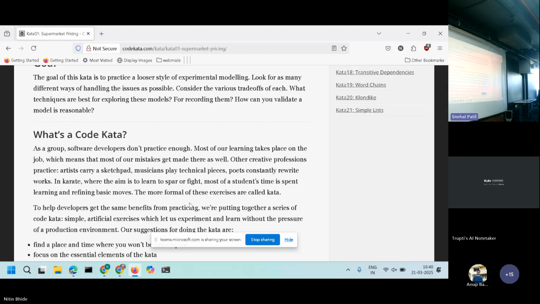Now, to minimize the impact of change, we looked at object-oriented design. We talked about SOLID design principles: single responsibility, dependency inversion, Liskov substitution. Then we also talked about two library or package design principles. One is the acyclic dependency principle.